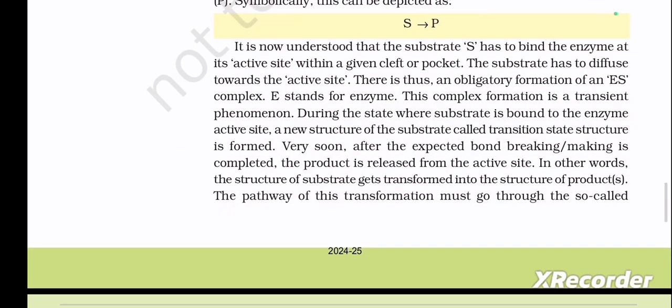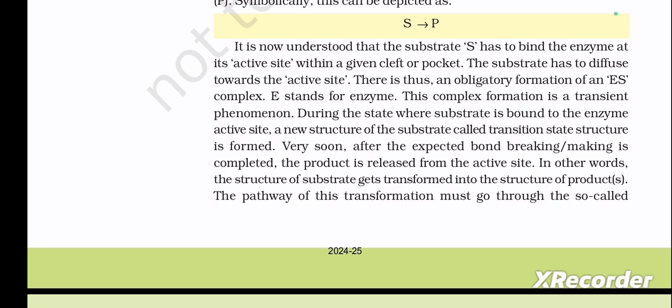During the state where substrate is bound to the enzyme active site, a new structure of the substrate called the transition state structure is formed. Very soon after the expected bond breaking or making is completed, the product is released from the active site. In other words, the structure of substrate gets transformed into the structure of product or products.